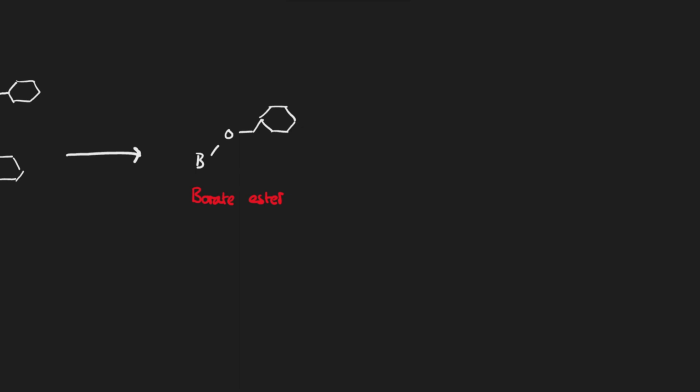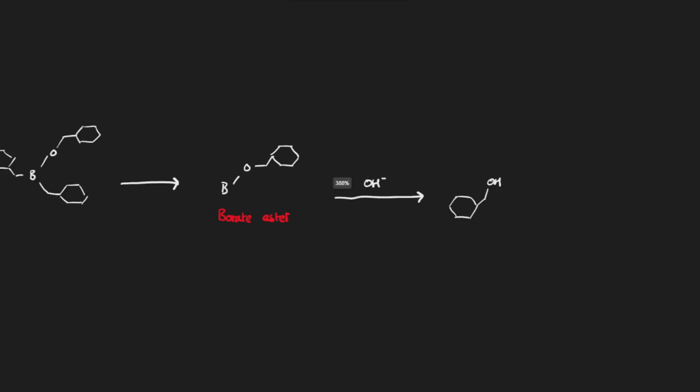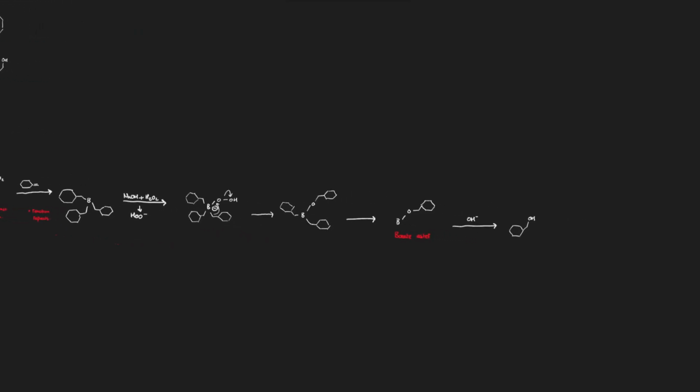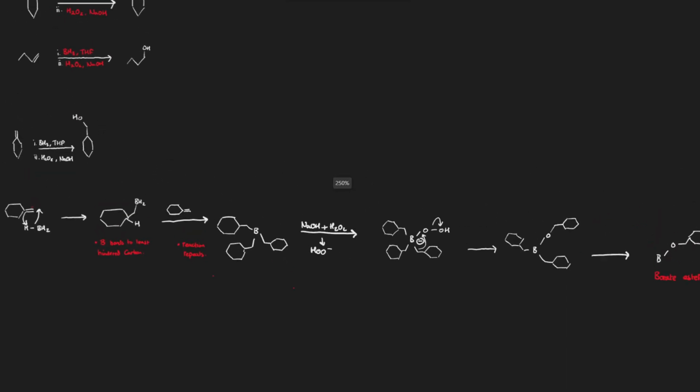Then we're using basic ester hydrolysis with our OH ion, our hydroxide, from the sodium hydroxide to form our primary alcohol, like so. So a reasonably long mechanism here. This is a pretty simple version of it.